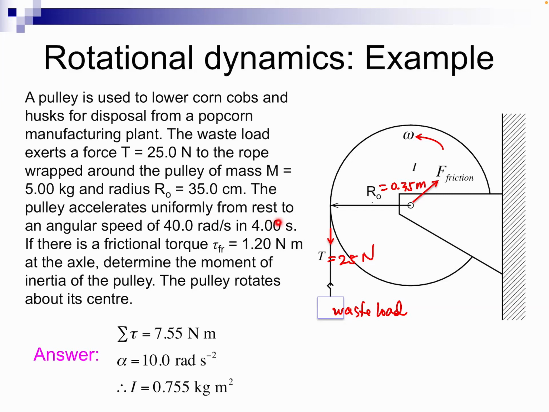The pulley accelerates from rest to an angular speed of 40 radians per second in 4 seconds. There's friction. The frictional force in the pulley provides a frictional torque of 1.20 newton meters. So the torque due to friction is already provided. We want to find the moment of inertia of the pulley.